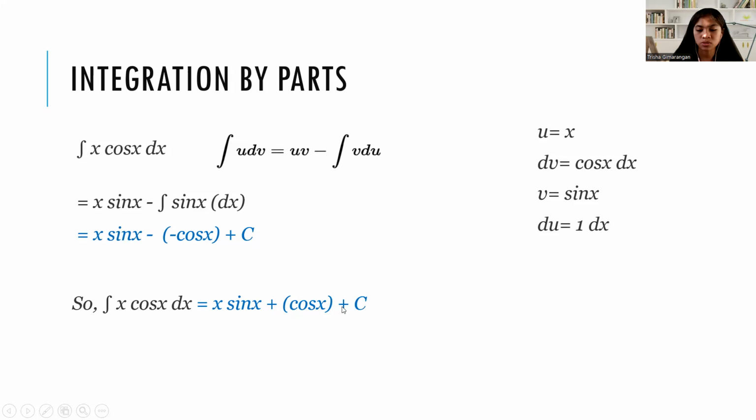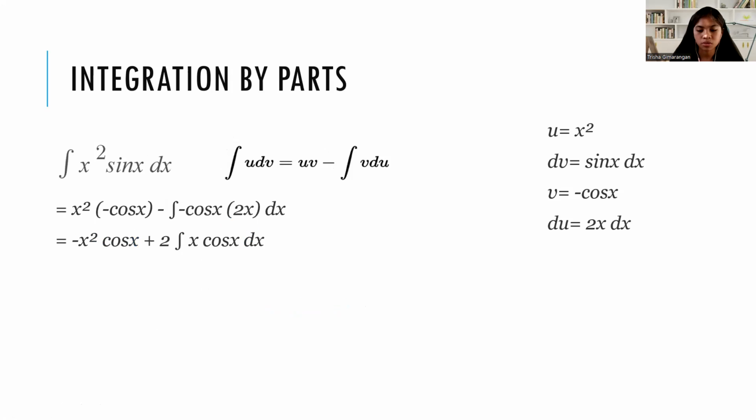So we will go back to our solution and replace this with what we have just solved earlier. That becomes negative x squared cosine x plus 2, and then we replace this with its integral, which is x sine x plus cosine x plus c. Then simplify by multiplying the 2 to each term.